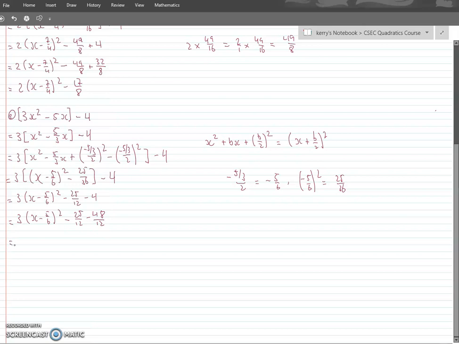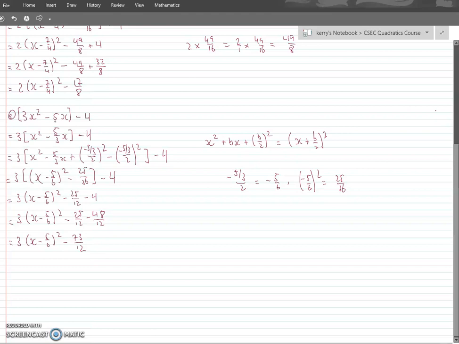Good, so now you have minus 25 minus 48, and that will give us 73. So it'll be 3 into x minus 5 over 6 squared minus 73 over 12, and that's the final answer.